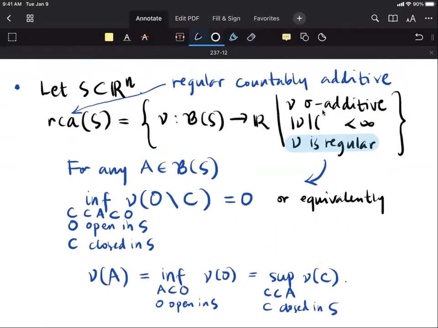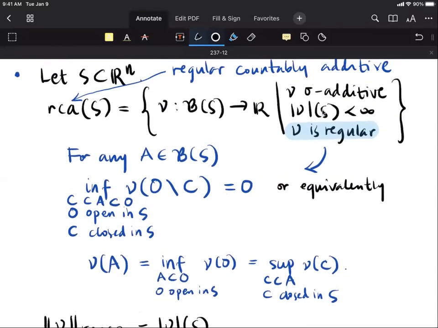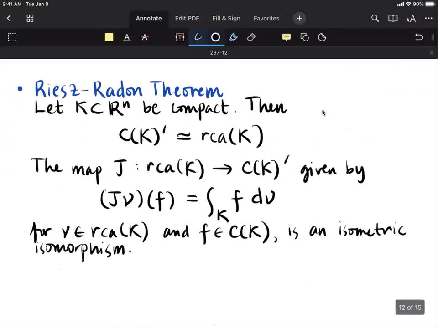This must be S. So the dual of the space of continuous functions is also a bit complicated. It consists of measures, in particular regular countably additive measures having finite total variation.